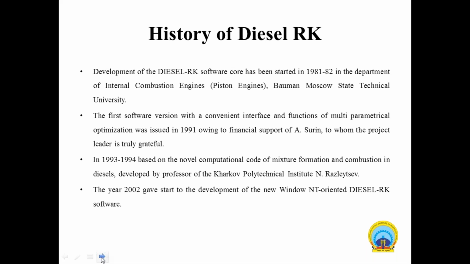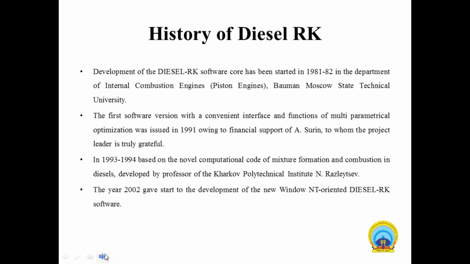So the software was intensively used not only within industrial enterprises but for educational purposes at the department of IC engines and at different universities also. In 2002, the development of the new Windows-oriented Diesel RK software started.